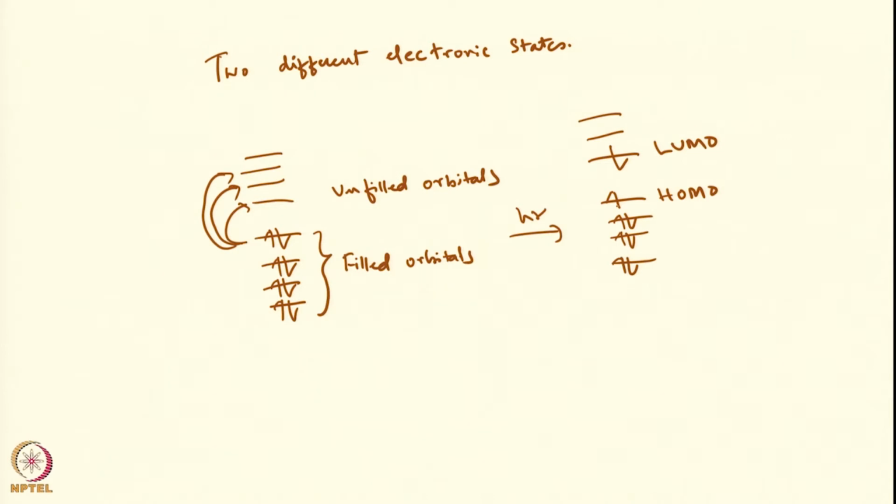So, what I am doing here is promoting an electron from an occupied level to an unoccupied level; that is the electronic transition, where you displace an electron from one occupied orbital to another.